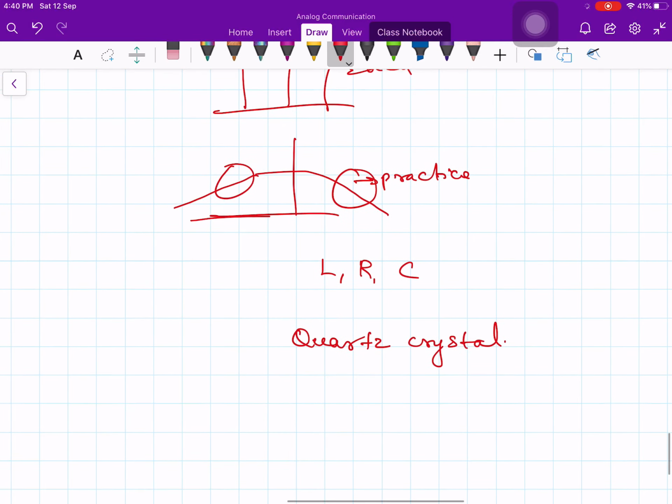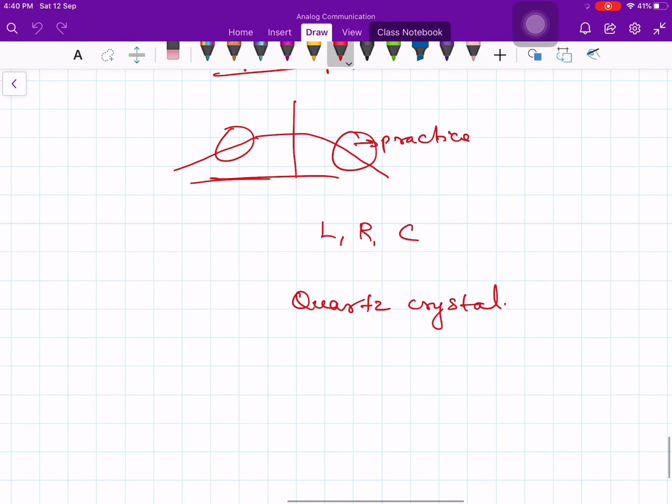You can use quartz crystal, and interestingly it has some useful electrical characteristics, and it can be used in the RLC resonant circuit or tuned circuit to provide very sharp responses. Here I just wanted to mention this fact, and I don't want to get into a discussion on how quartz crystal works in this connection. So you can get the kind of filters that you want to design for the SSB generation by using quartz crystals.